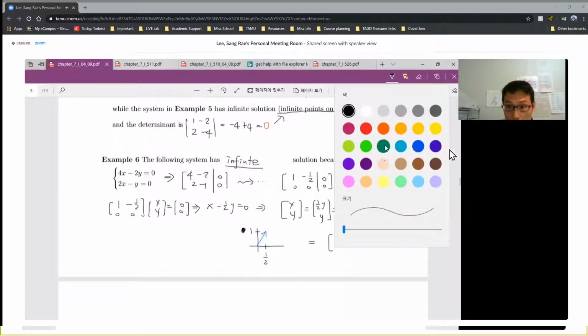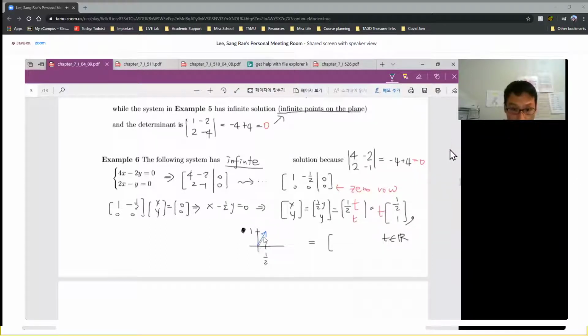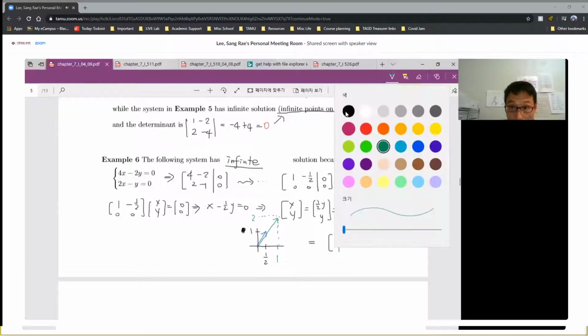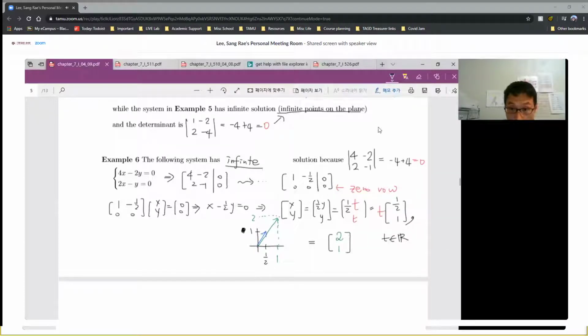Let me use a different color. Let me use green. What if you use double of this vector with coordinates 1, 2? Now that you are taking any multiple, the same set, 2 and 1. This is always possible. So when you work with an infinite set, you can take any multiple.